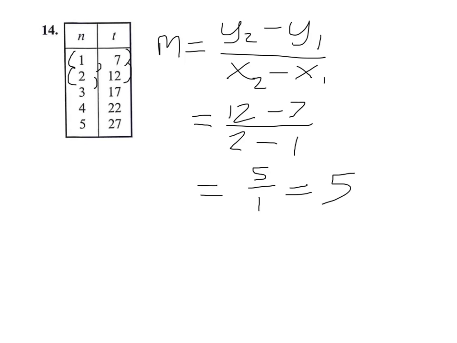And so a much shorter way of seeing this is every time we go over one space in terms of x, so every time we go from 1 to 2, from 2 to 3, from 3 to 4, what is y going up by? In each step, it's going up by 5. So as x goes up by 1, y goes up by 5.